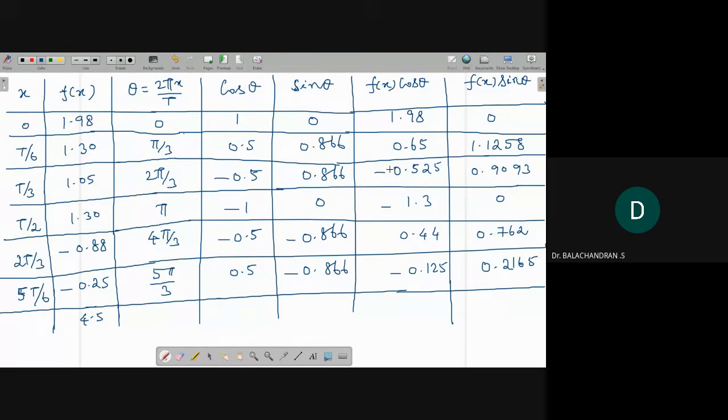Okay, Sheila. If you add f of x into cos theta, you'll get 1.12. If you add this column, you'll get 3.0136. So now I need to find A naught.